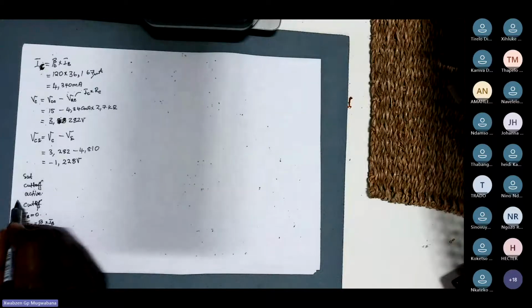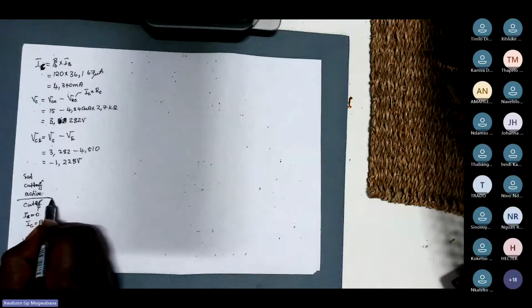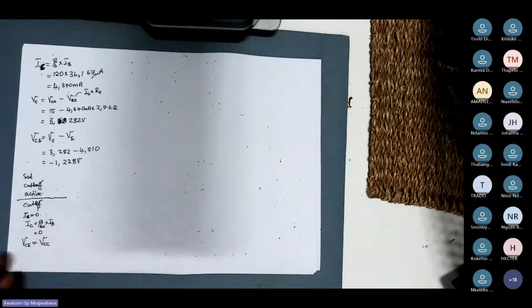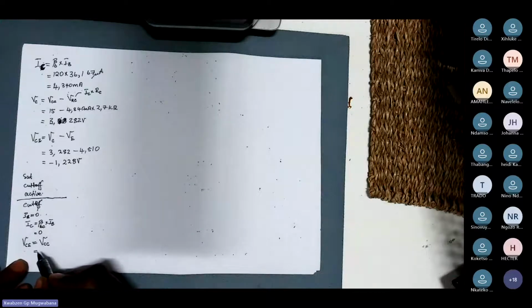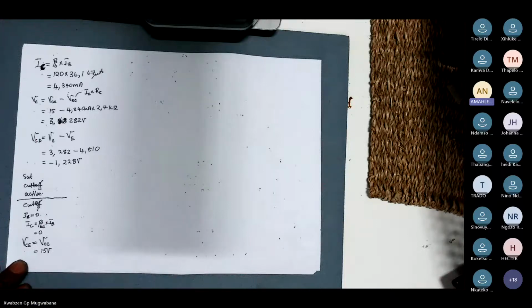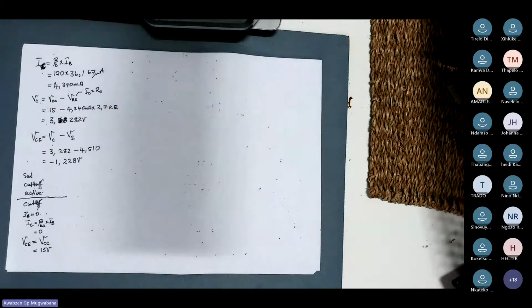Remember, this is the cutoff region. Are we together on that part? Now, in this case, what is my VCC in your circuit? 15 volts.